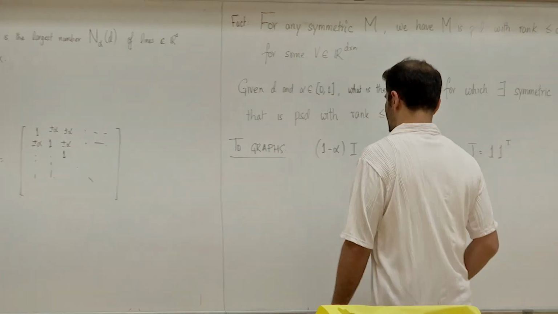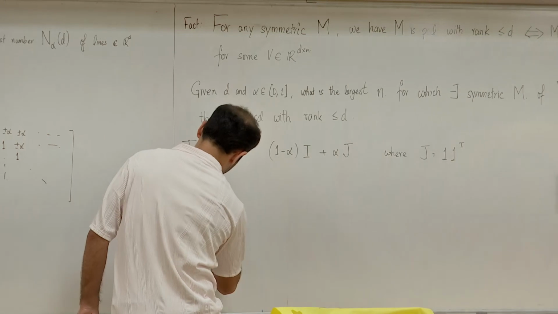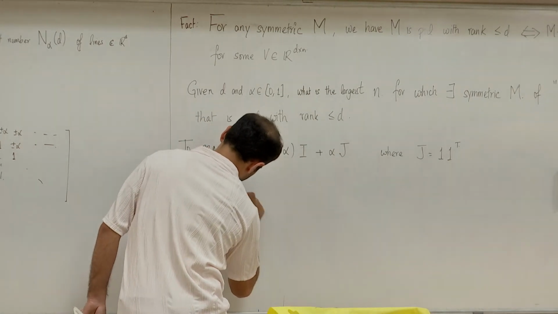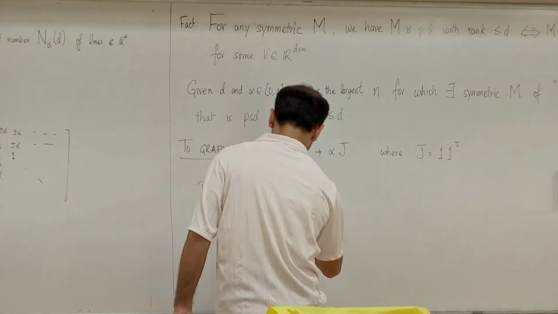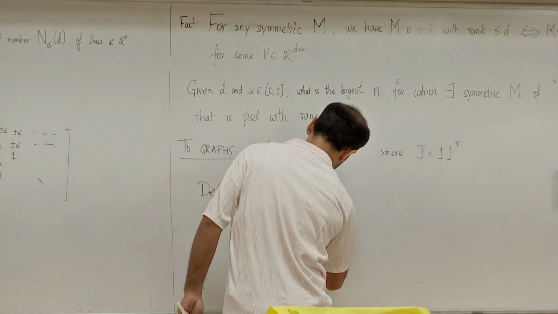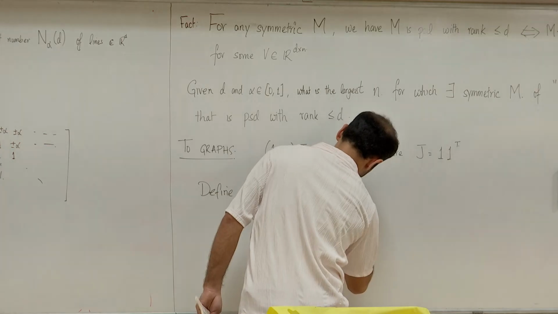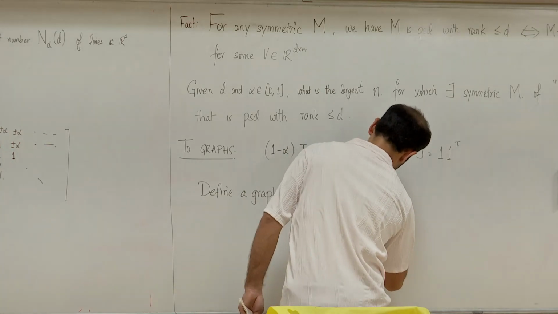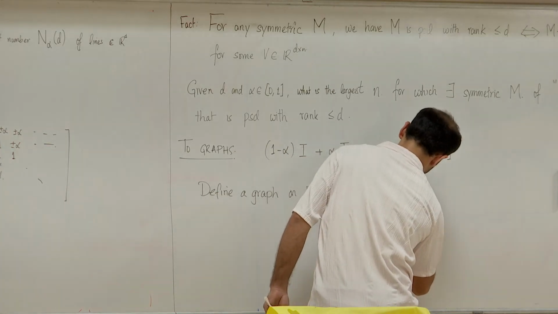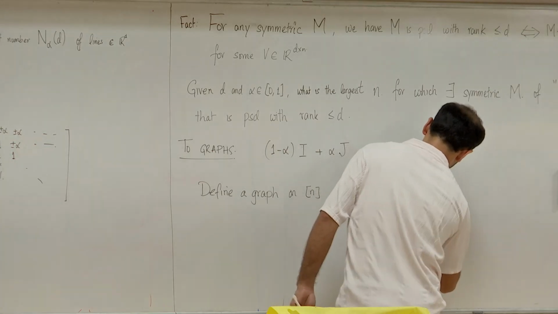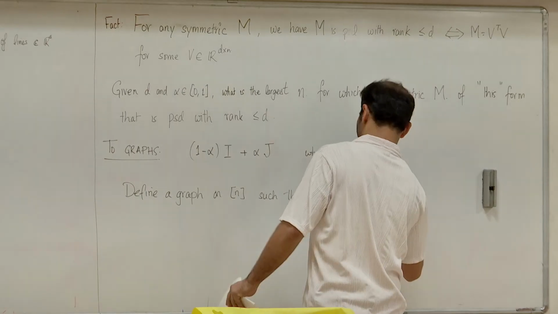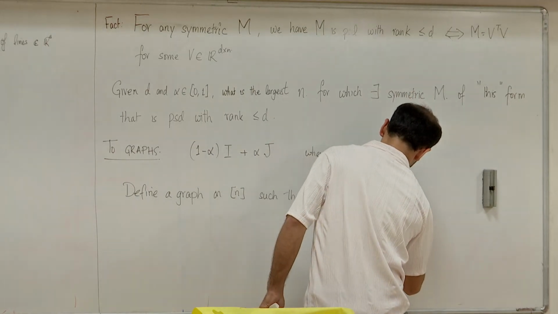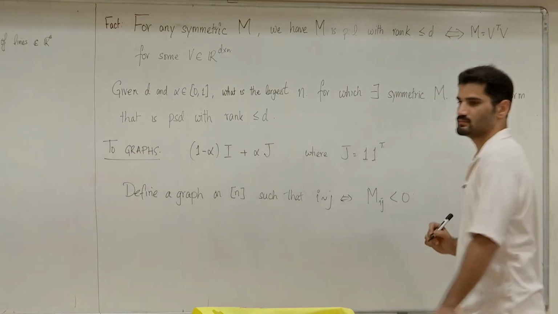So let me define a graph on n vertices such that i is connected to j if and only if M_ij is less than 0.